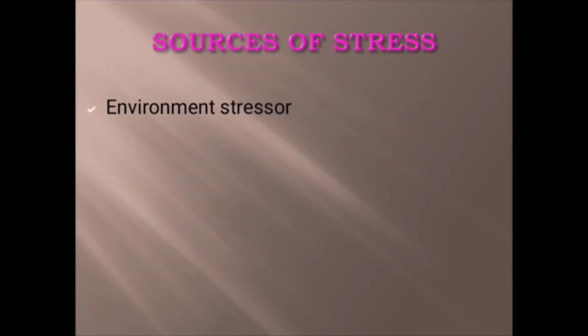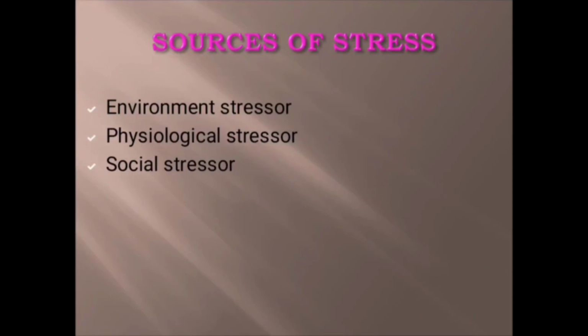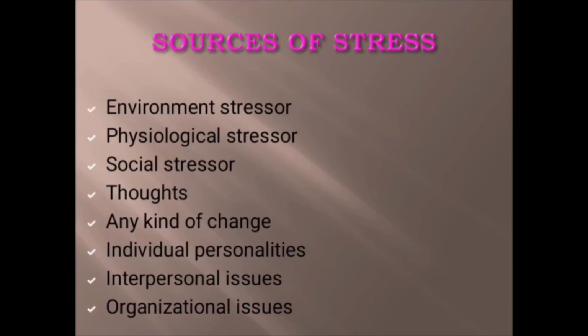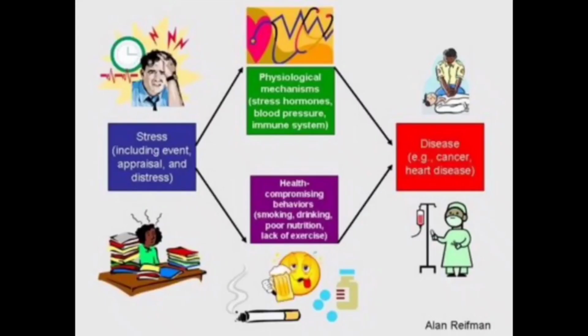Then the sources of stress are: environmental stressors, psychological stressors, social stressors, thoughts, any kind of change in our environment, in our body, in our surroundings, individual personalities, interpersonal issues, and organizational issues. Let's see this diagram.